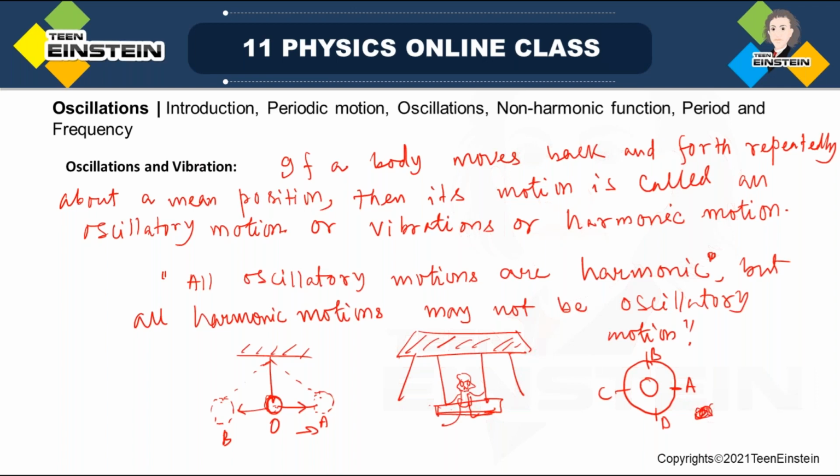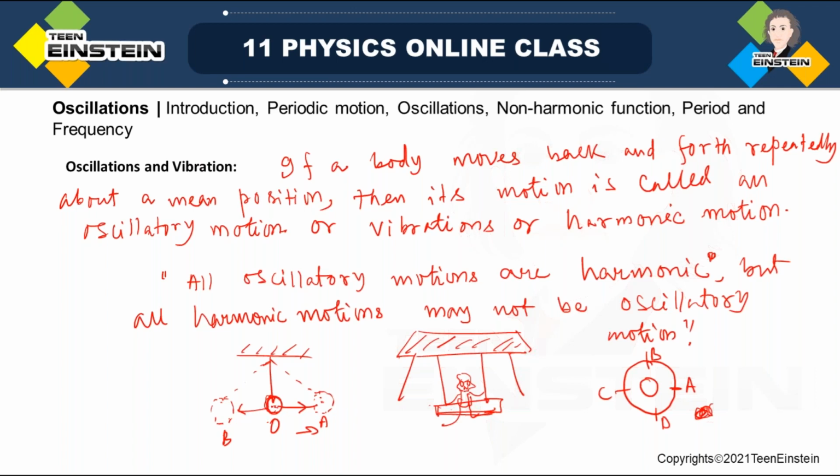I can give you some examples of oscillatory motion. In the oscillatory motion, you will have two extremum positions about its mean position. Two extremum positions means, see, A and B. If you push this object to this point, beyond that it will not go if you leave it here. So it has two extremum positions, OA and OB.